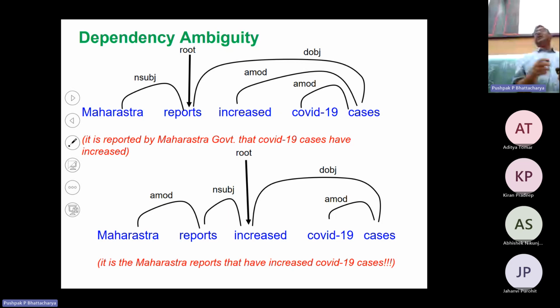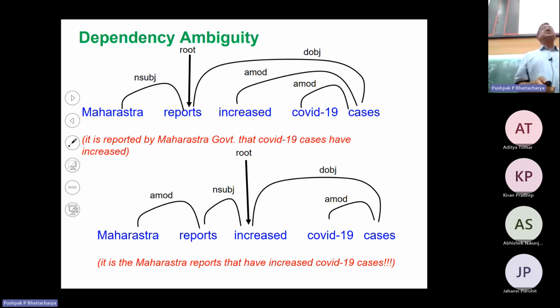The object of reports is cases. What kind of cases? COVID-19 cases. So COVID-19 is an adjective modifier, amod, and increased is another adjective modifier, so there are two amod. We'll cover these labels as we move forward. So increased should not be the main verb here; then the meaning is completely distorted.